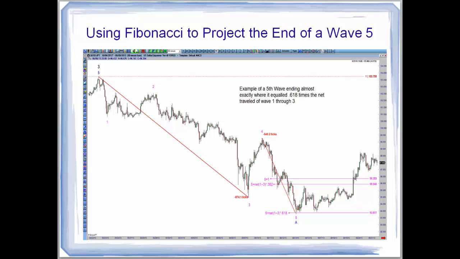The example pictured above shows how I drew all three of these targets, and the most typical one ended up being correct. That's where wave 5 was equal to 0.618 times the net traveled of waves 1 through 3.